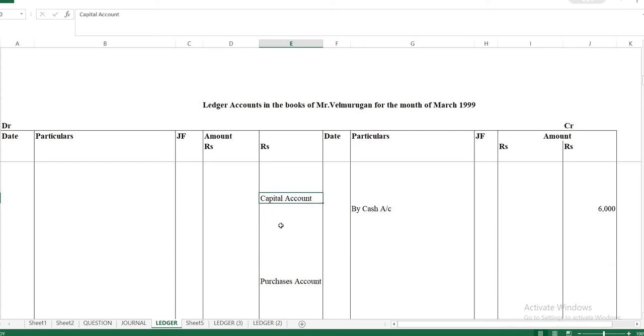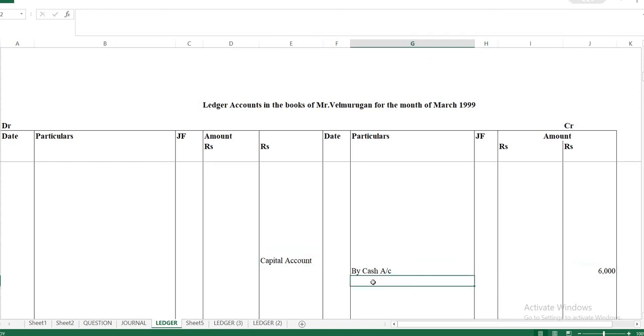The next account will be the capital account. While making the entry in the capital account, while posting, you'll be using "By" on the credit side. By cash account 6,000 rupees, I have made the entry. Similarly, you can show the furniture and then stock.